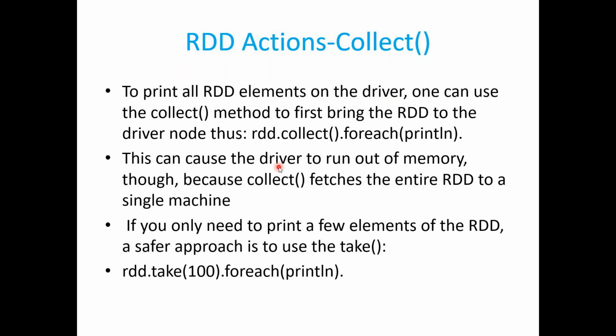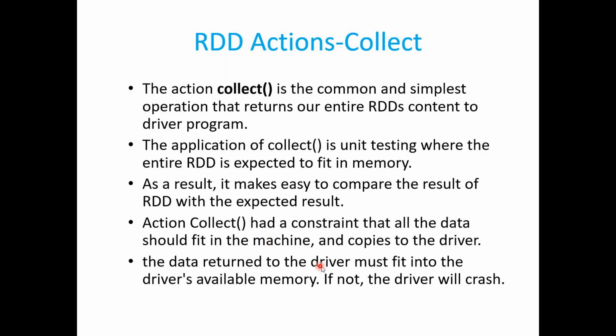If the driver's RAM is not sufficient, you might see out of memory issues because it will try to get the entire RDD to the driver's RAM. So you have to be a little careful when you call collect, because there are chances of your driver getting crashed.